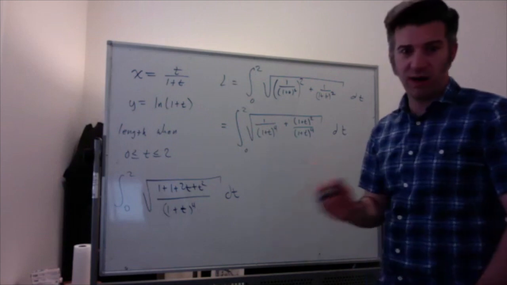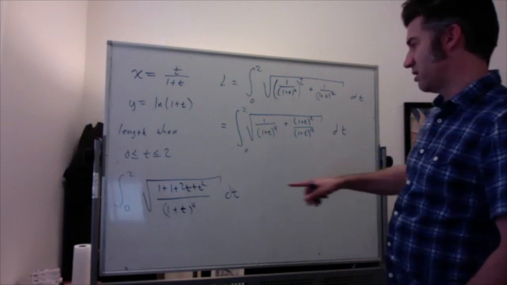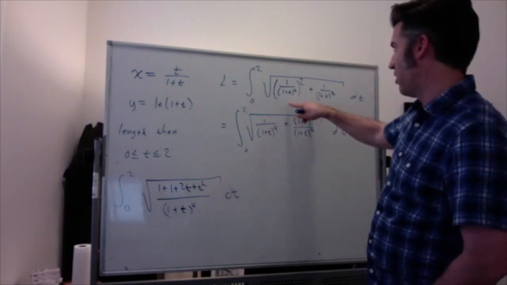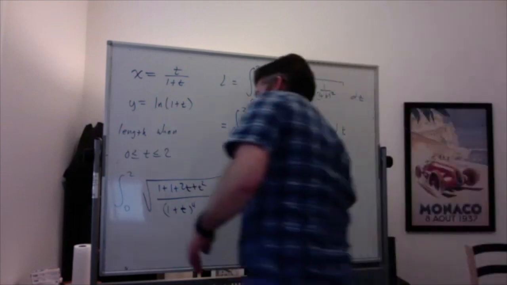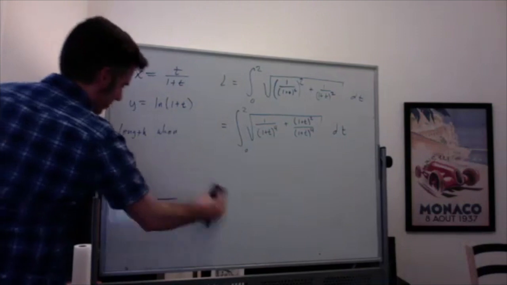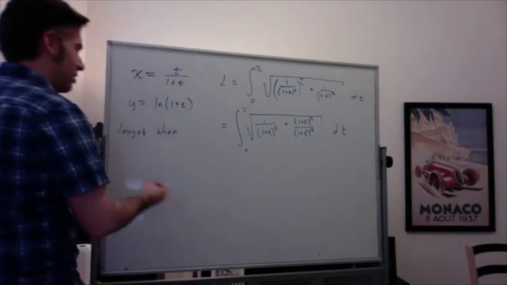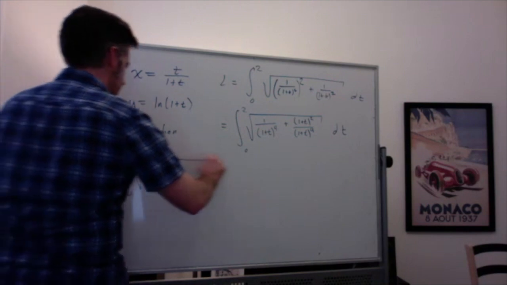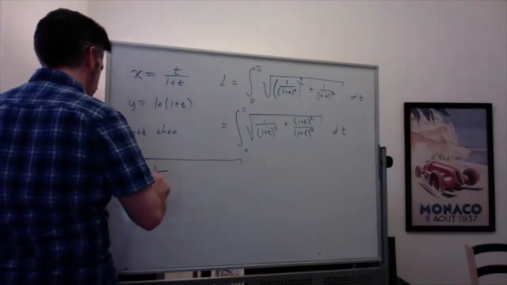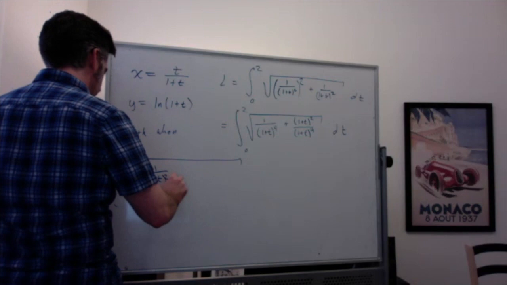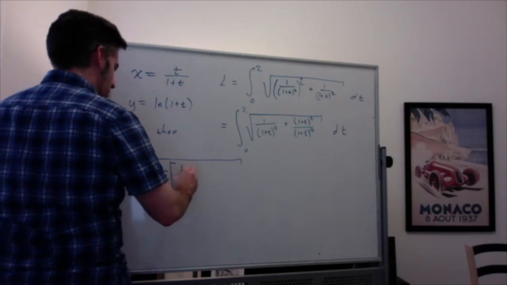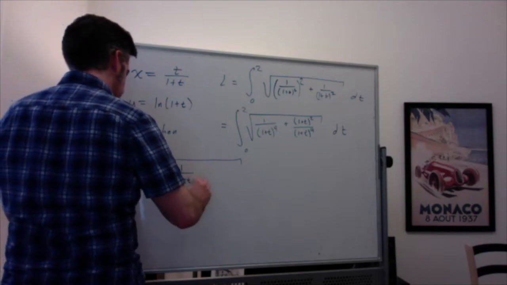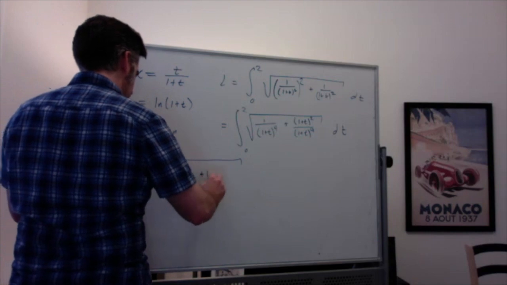I think what I'm going to try instead is to actually factor out one of the 1 over 1 plus t squares. I think that's kind of the same, but let's write it as the square root of 1 over 1 plus t squared times 1 over 1 plus t squared plus 1.